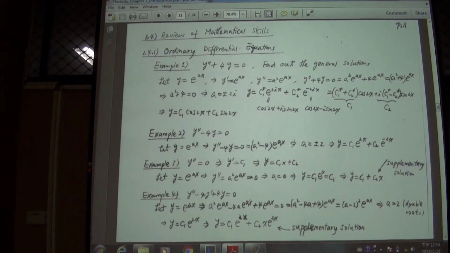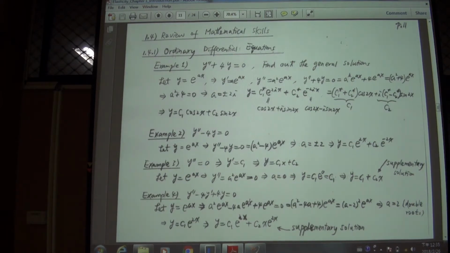So we have only one solution, but we are supposed to have two solutions, right? In example 1, we have two solutions, cosine and sine. In example 2, we also have two solutions. How come we have only one solution, c1, here? So we should add a supplementary solution like this. This is a common skill in differential equations.